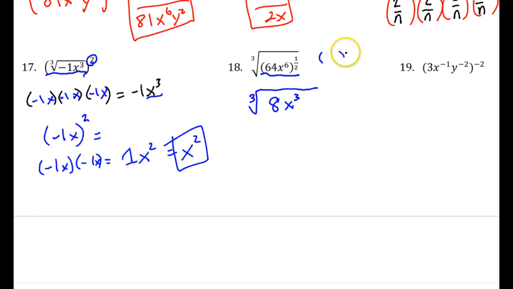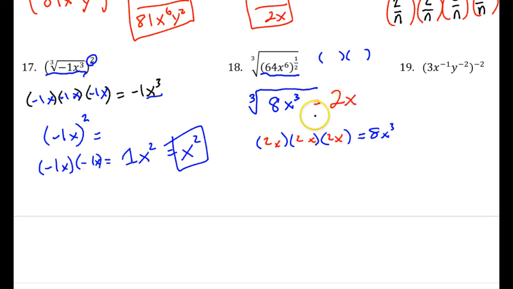That's the same thing as saying what times itself equals 64x to the 6th, and that would be 8x to the third. And now take the cube root of that. Okay, so what times itself 3 times equals the 8x to the third? And then we'll get 2 times 2 times 2, because that equals 8, and then x times x times x. That's x to the third. So 2x.